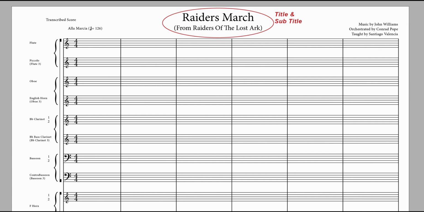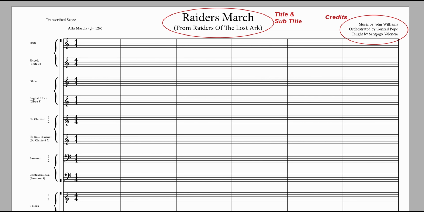Next, let's go to the top right. These are going to be known as our credits. Music by John Williams, orchestrated by Conrad Pope. I don't think he was the actual orchestrator, although he's a big-time orchestrator today. And then I just put my thing in there, taught by Santiago Valencia. But you could put in there arranged by so-and-so.